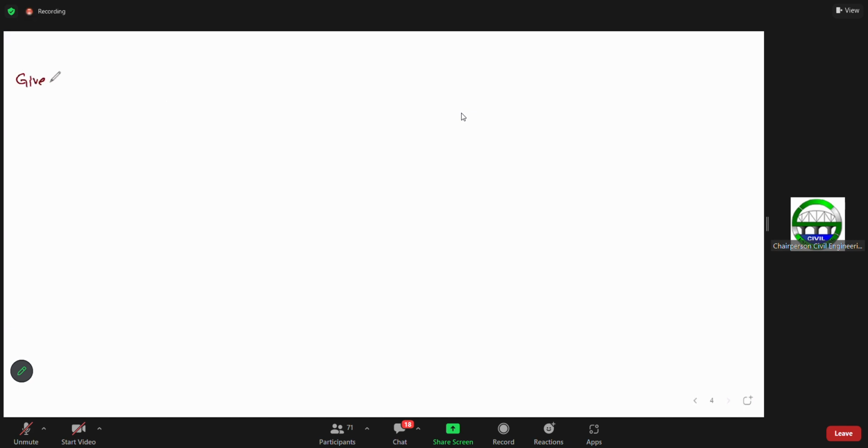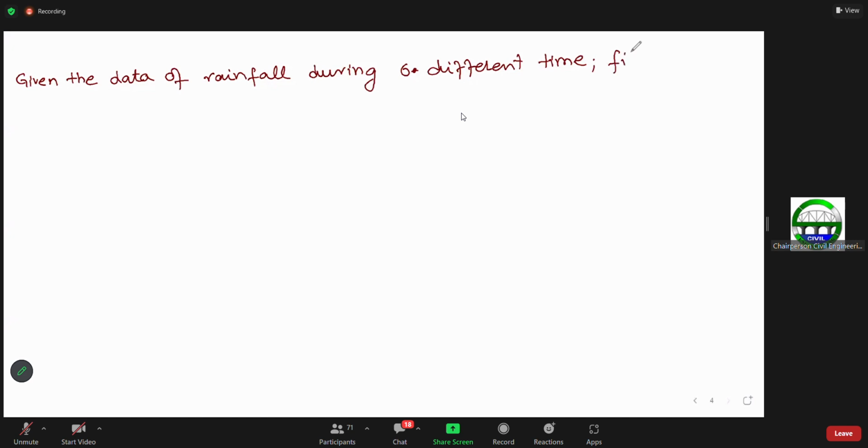Given the data of rainfall during six different times, fit the data using the least square method.